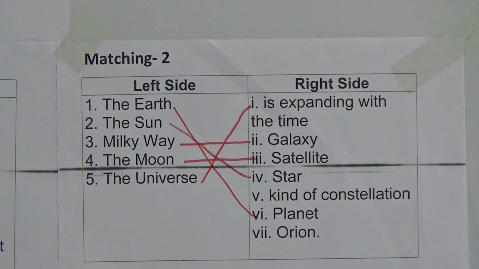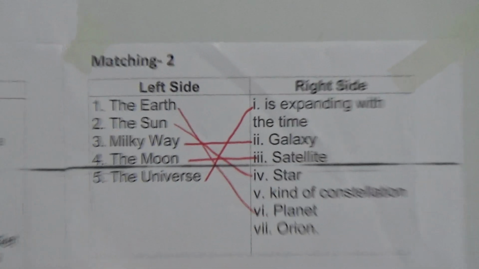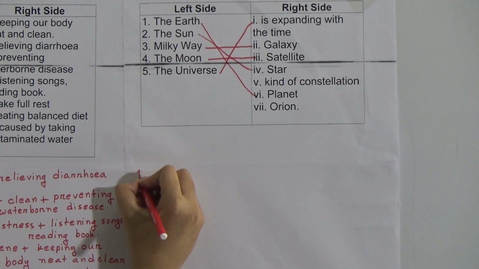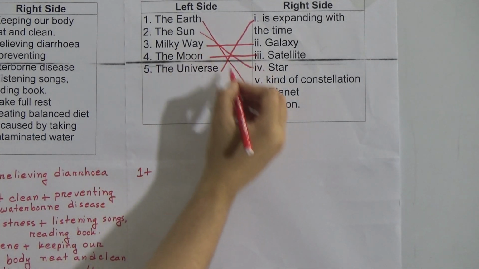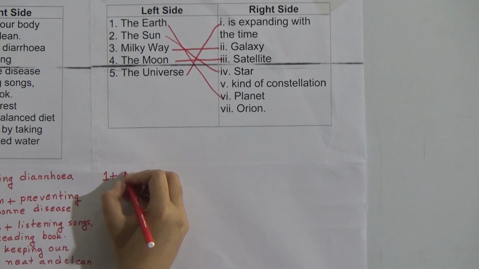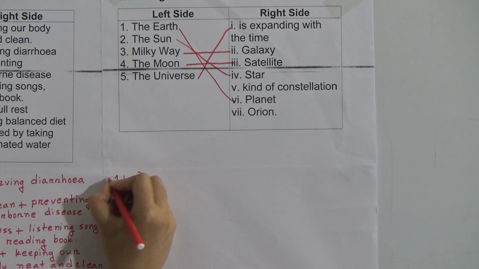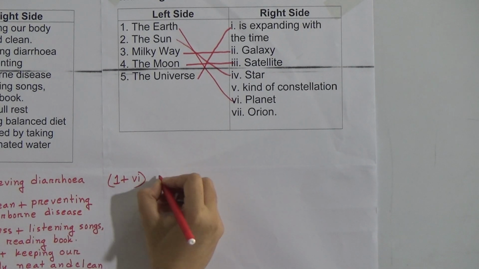So you have to do this matching like matching number 1. 1 will match with here 6, so 1 plus 6.